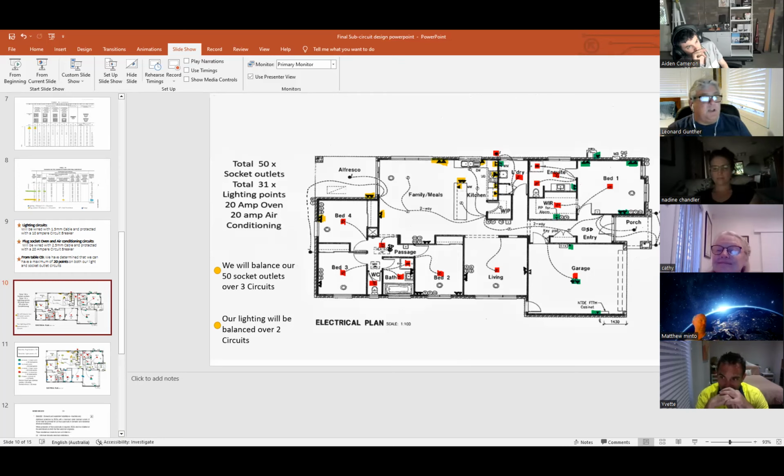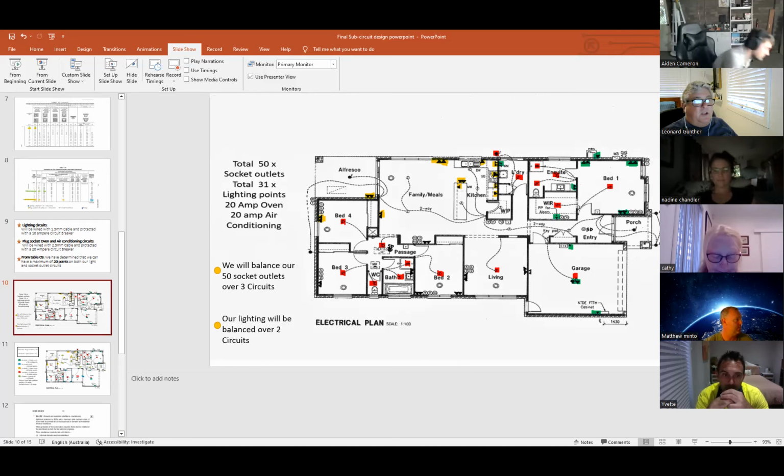So we've got to look at having at least 3 circuits there with around 16, 17, 18, very similar. We don't want to go 10 on one, 20 on the other, and 10 on the other circuit. We want to balance them out. So we balance our load throughout the whole house.